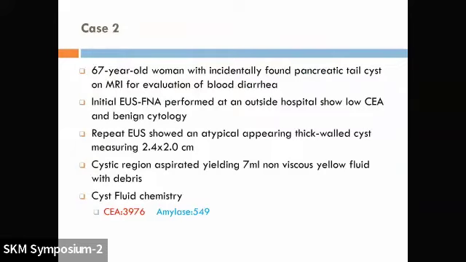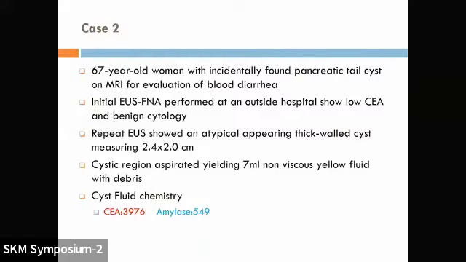Our case 2 is a 67-year-old woman with an incidentally found pancreatic tail cyst. The initial EUS FNA that was performed at an outside hospital showed a low CEA and a benign cytology.